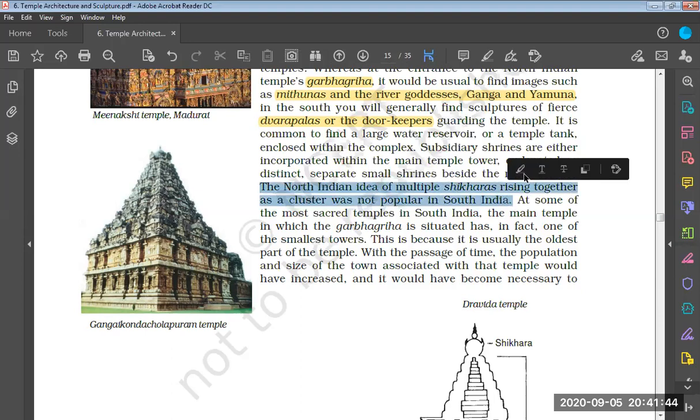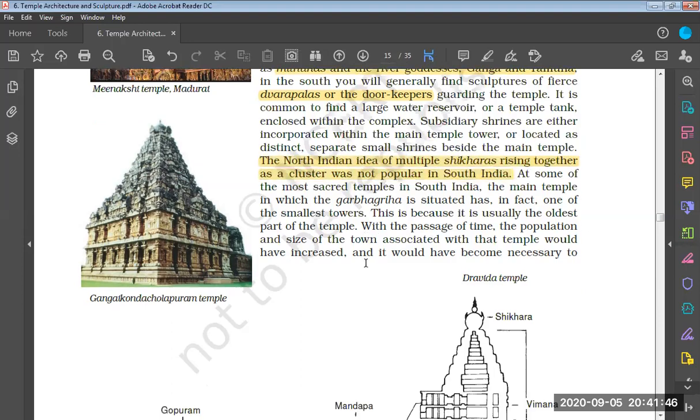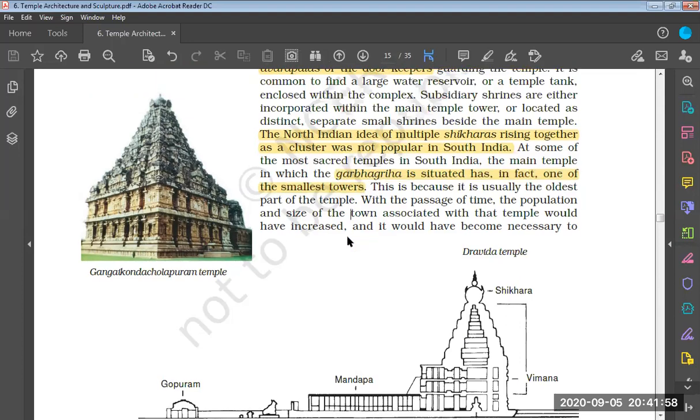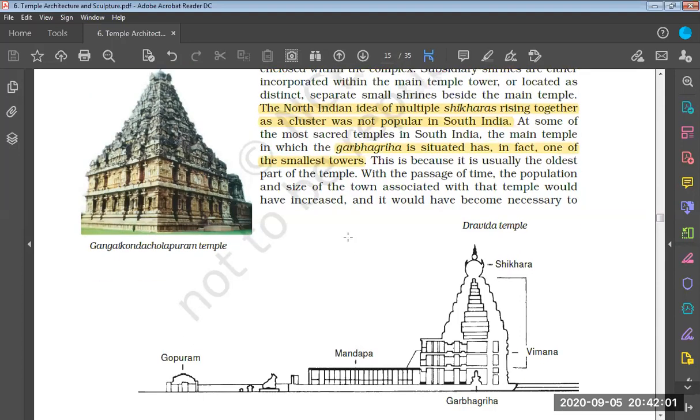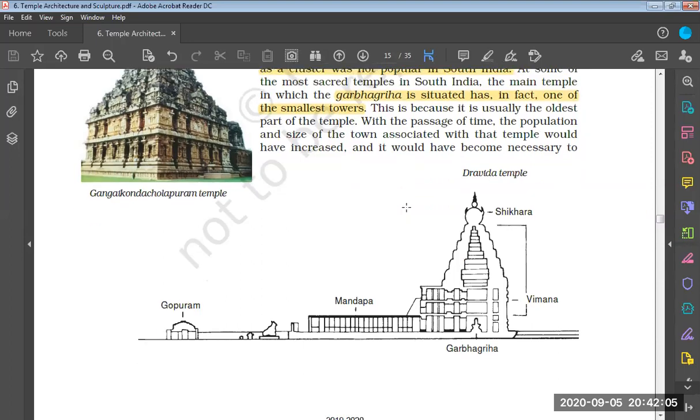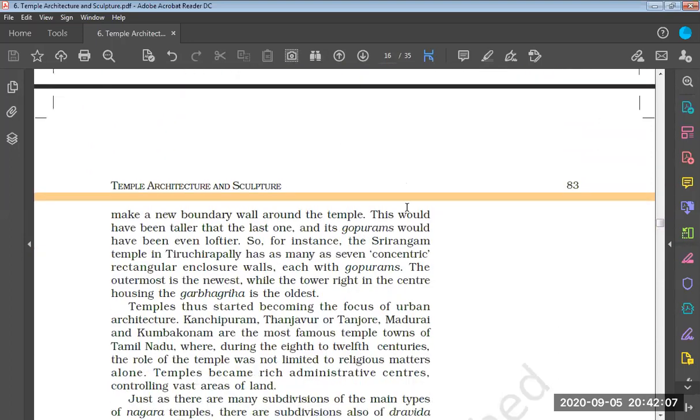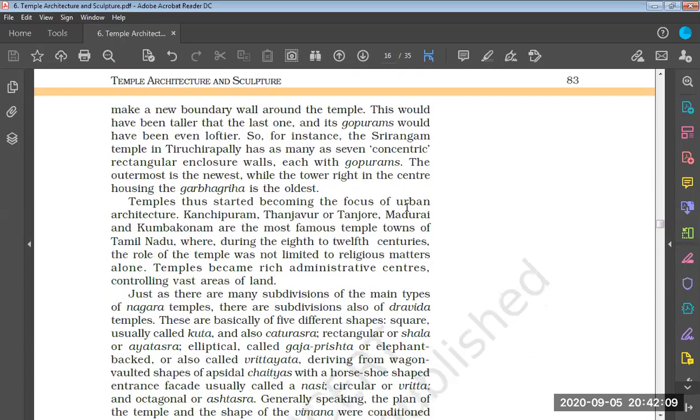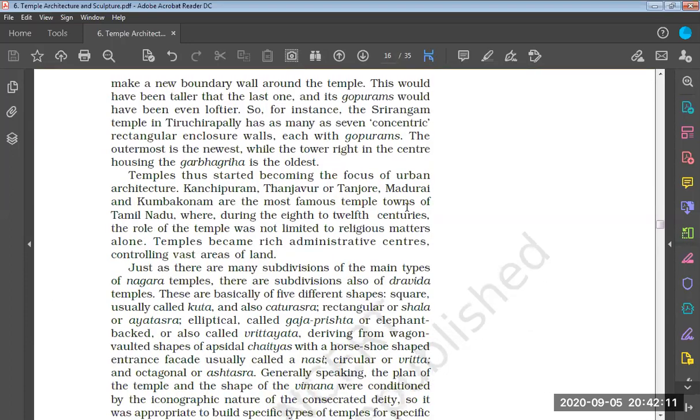At some of the most sacred temples in South India, the main temple in which the garbhagriha is situated has, in fact, one of the smallest towers. This is because it is usually the oldest part of the temple. With the passage of time, the population and size of the town associated with that temple would have increased, and it would have become necessary to make a boundary wall around the temple.